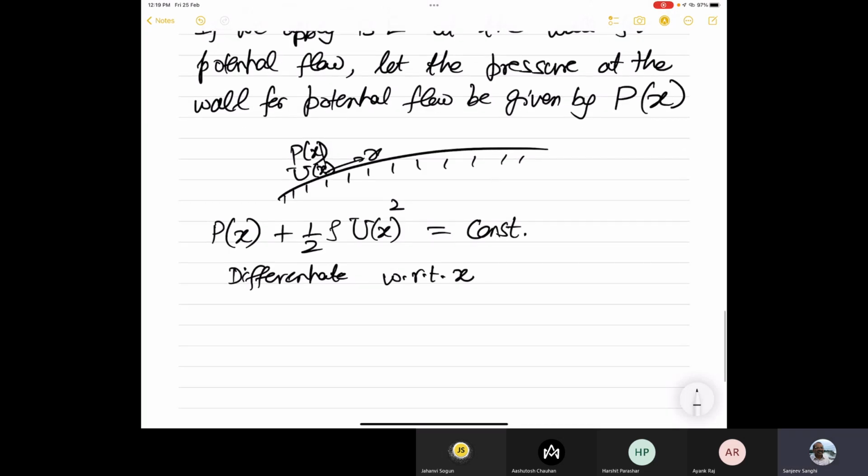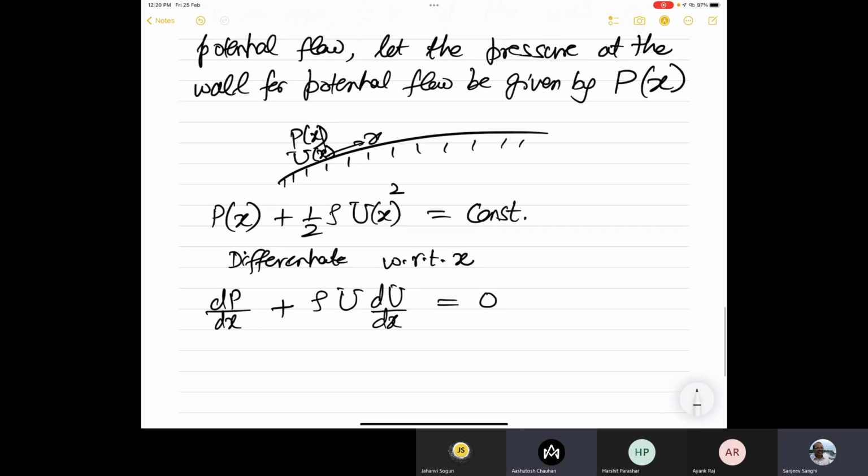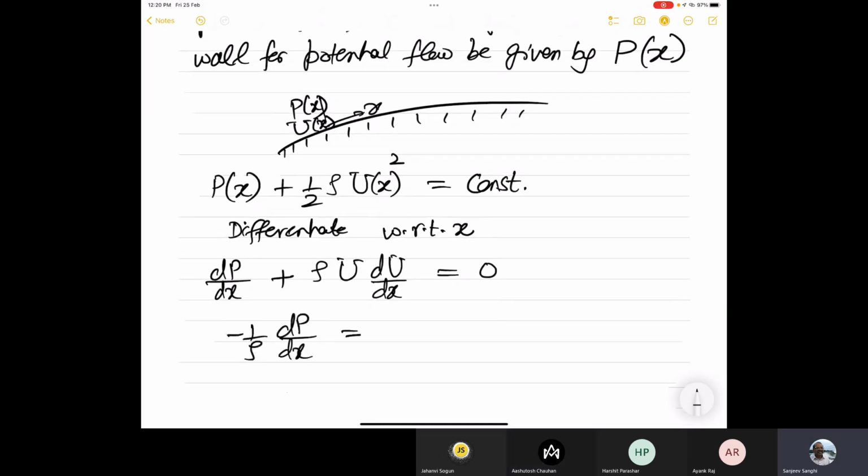When I differentiate with respect to X, I get dP by dx plus rho U times dU by dx is equal to 0. And this leads to minus 1 over rho dP by dx is equal to U dU by dx.